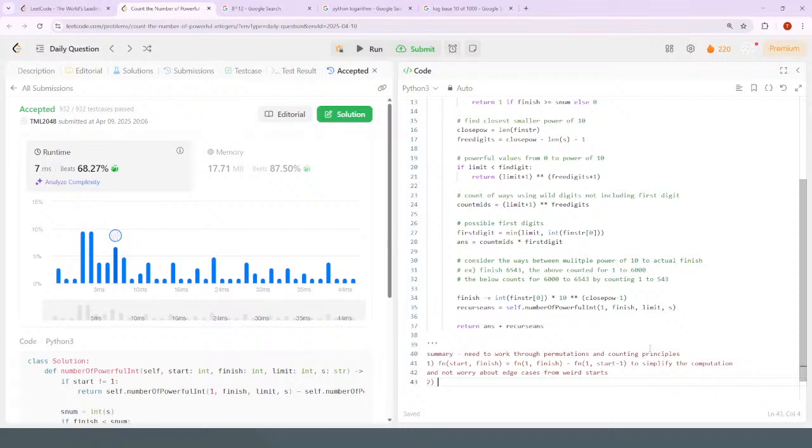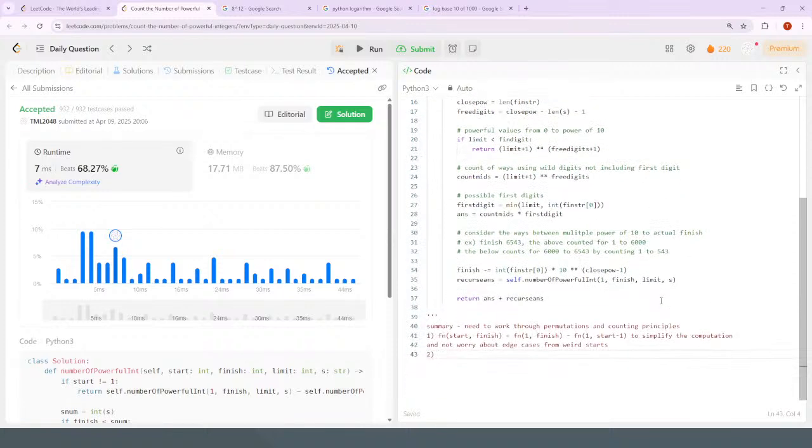And then the other thing is handling simple cases where finish is smaller than your suffix or has the same length, in which case simply compare the two values. Okay.